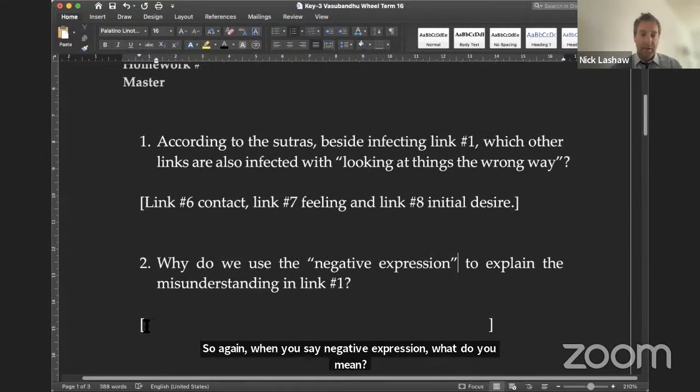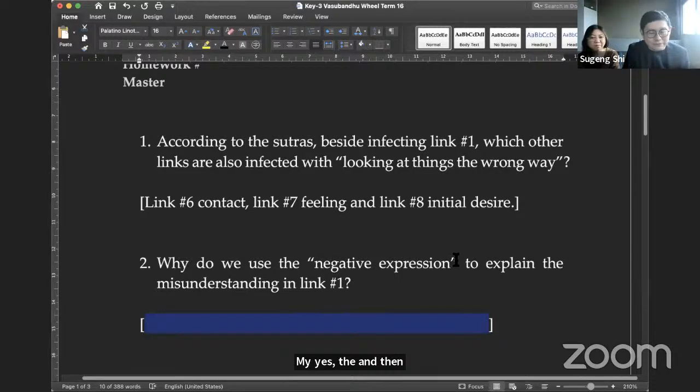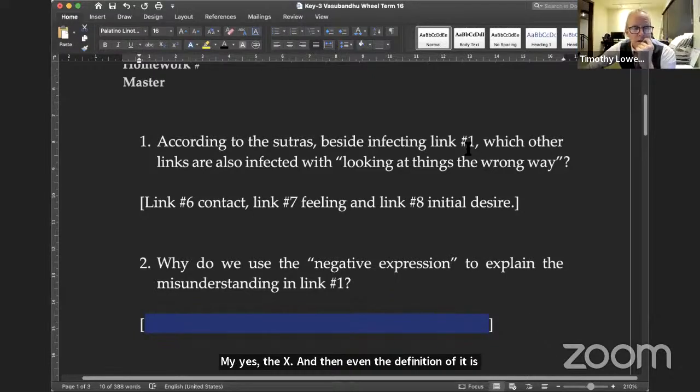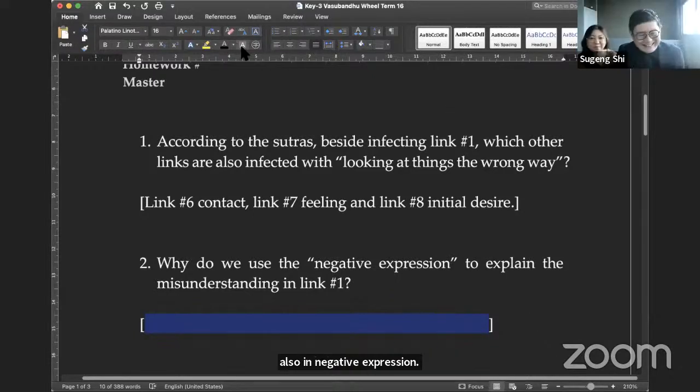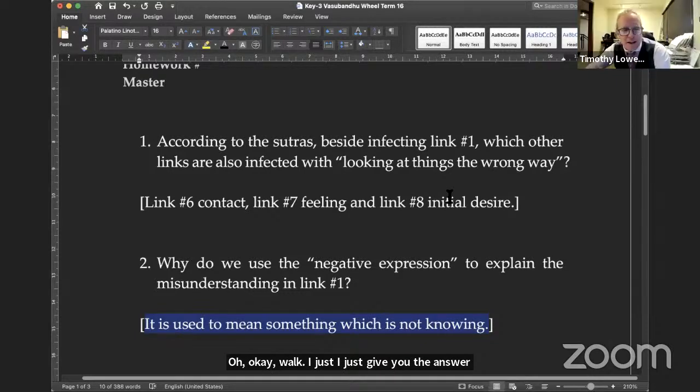Like avidya. Yes, and then even the definition of it is also in negative expression. Oh, okay. Well, actually, I just give you the answer because we need to indicate that it is used to mean something which is not knowing. Did you like how I tricked you into giving the answer?